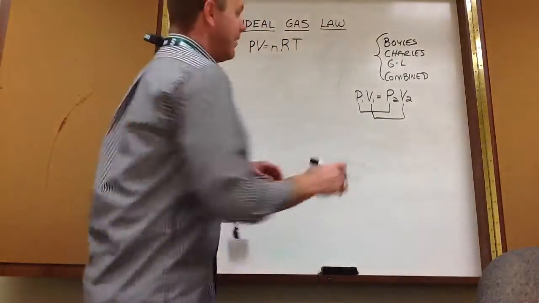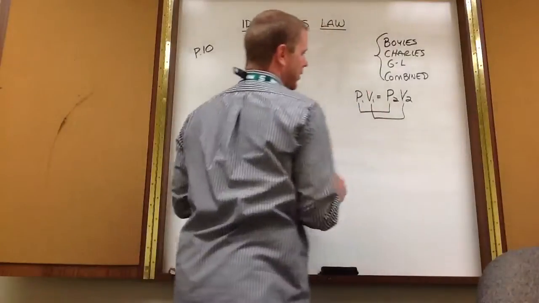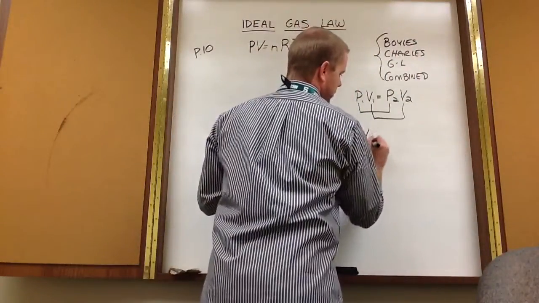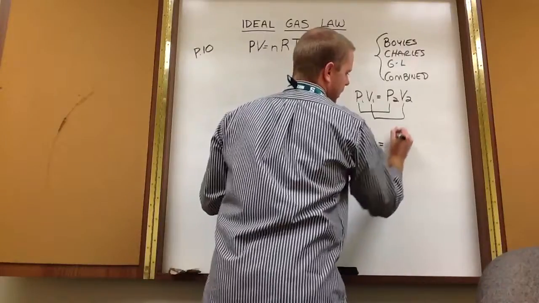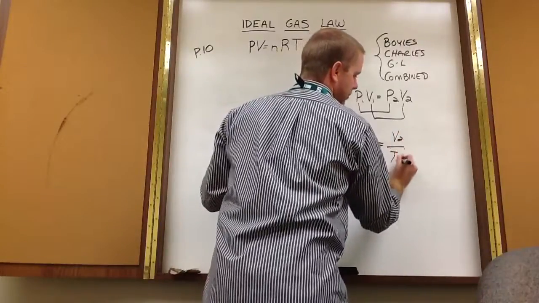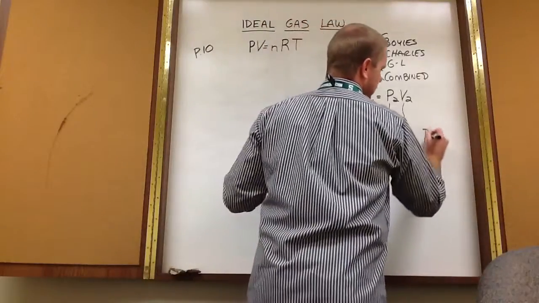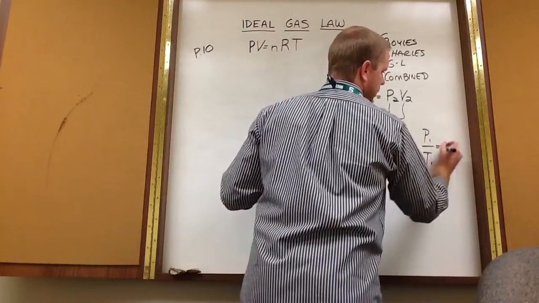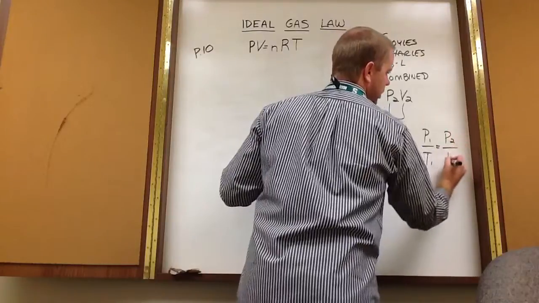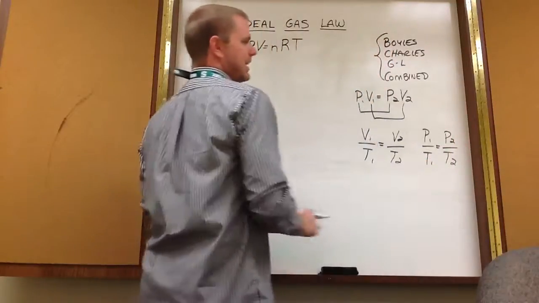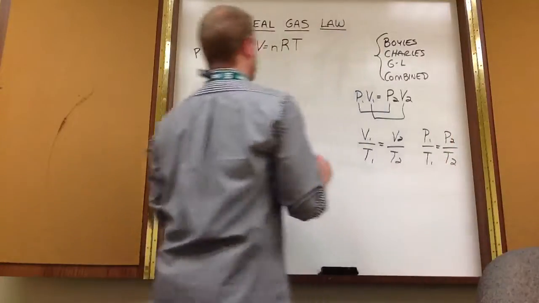But you're given three of these four things. Charles' law, again, you're given a volume, you're given a temperature, maybe you're asked the volume and given another temperature. But again, it's 2 and 2. Gay-Lussac's law, again, it's two pressures and two temperatures.